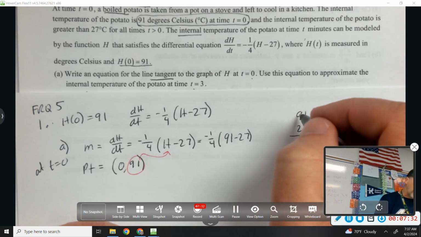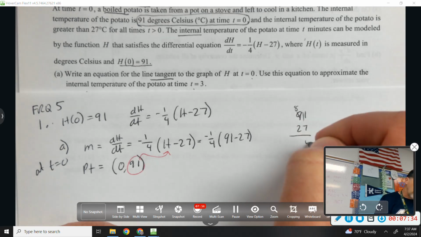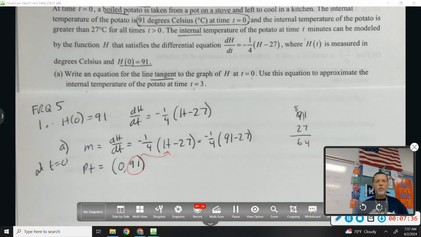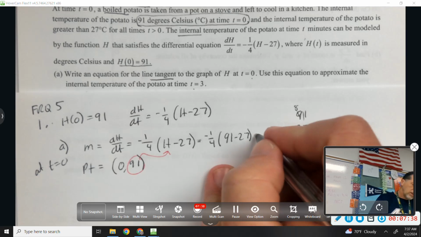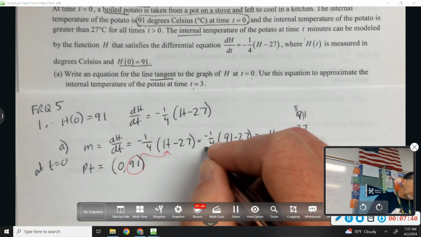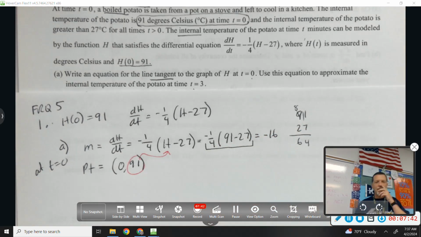I expect that they do me favors here. And sure enough, 64 divided by 4 is 16. So yes, you can continue to write all of that as your safe stop slope, but they made it simplify for you. So slope is negative 16.